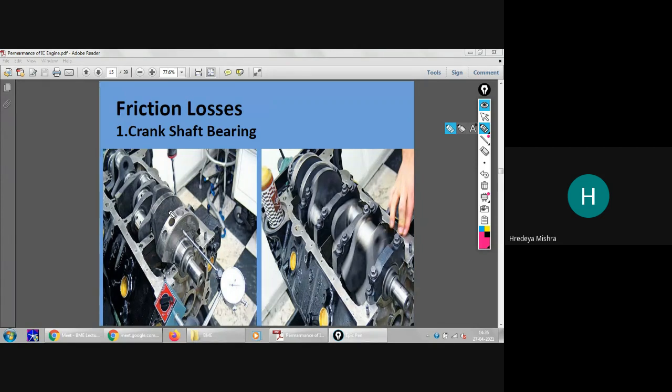One crank and the other crank, and this crank rotates like this. When it rotates, the piston slides in the cylinder, and where sliding is there, friction must be there. So frictional losses are there.